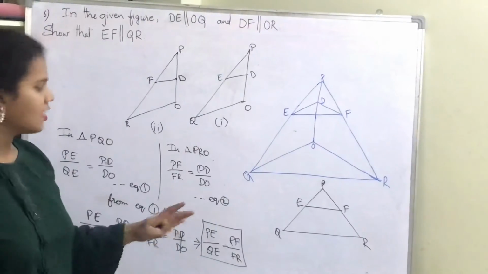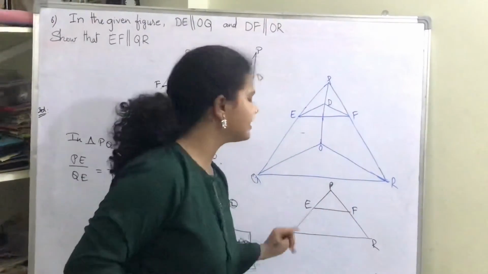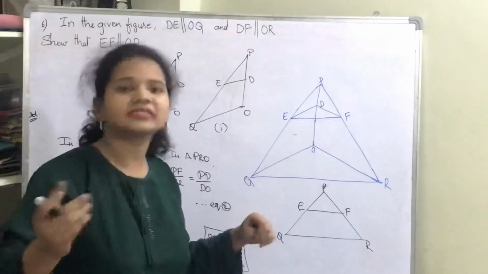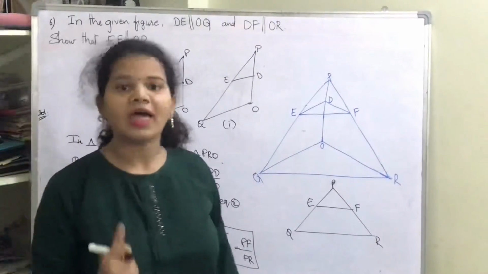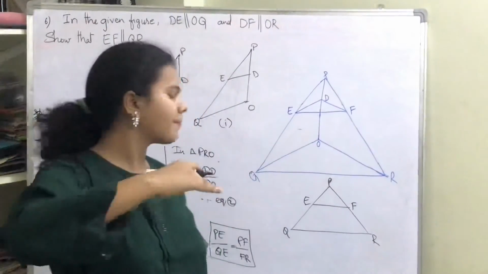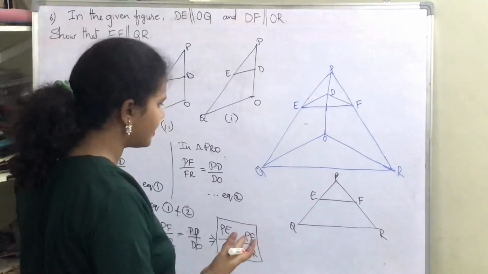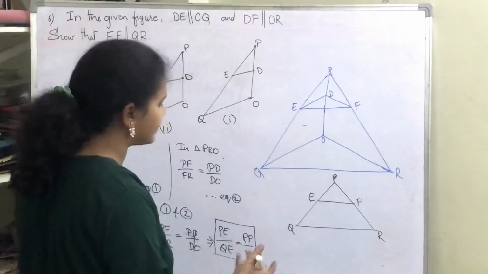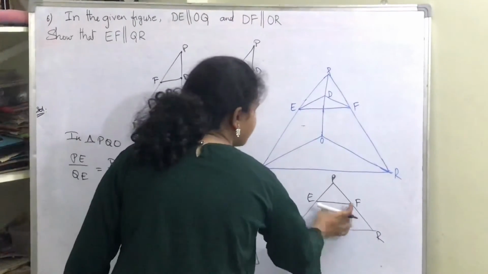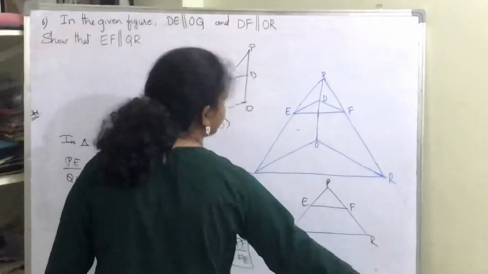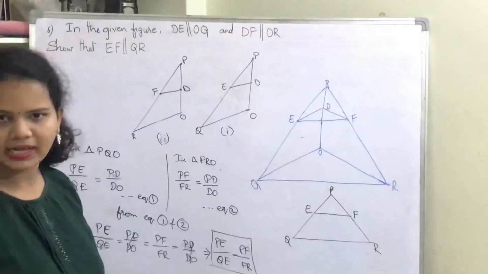When sides are divided in the same ratio, then the line drawn will be parallel to the third side, right?